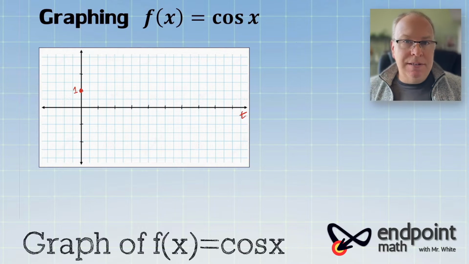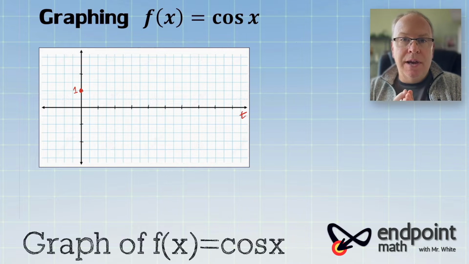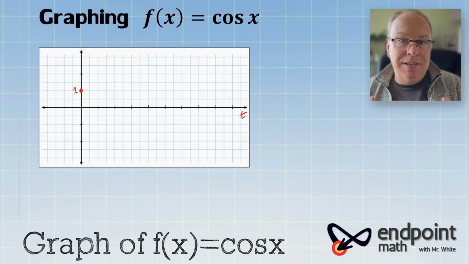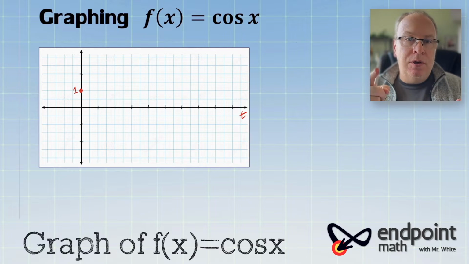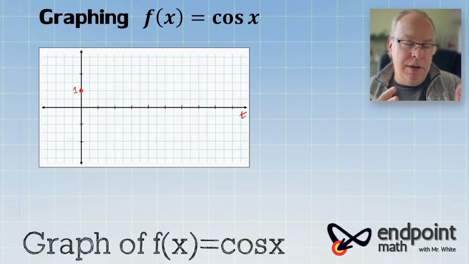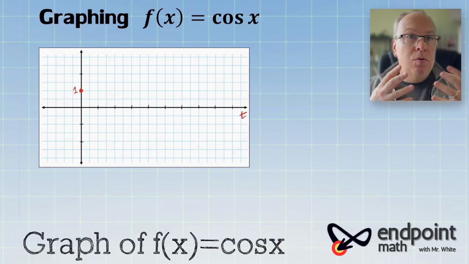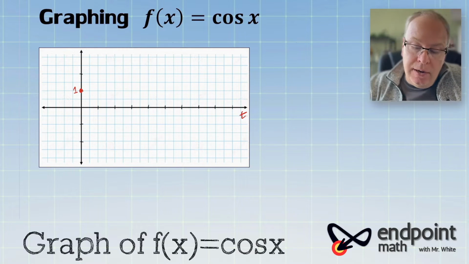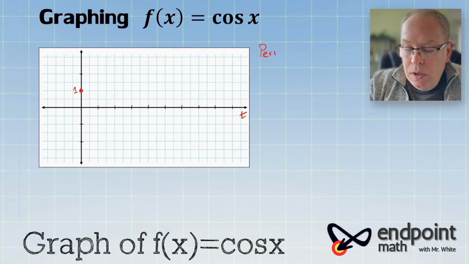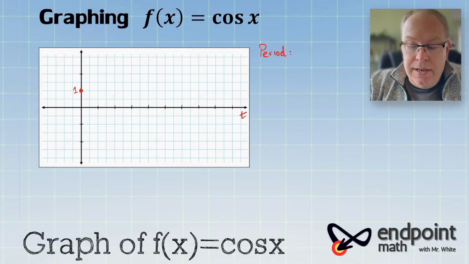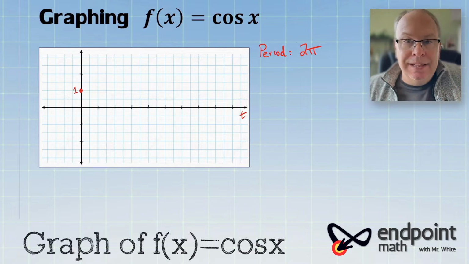Now, how long does it take for cosine to finish one complete cycle? Well, think about that unit circle. All the way around the unit circle is how many radians? It's 360 degrees, or 2 pi radians. So the period of cosine is 2 pi in length.